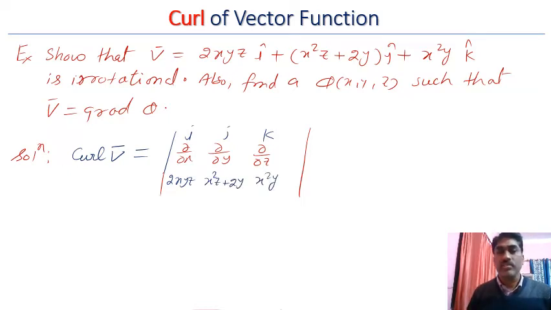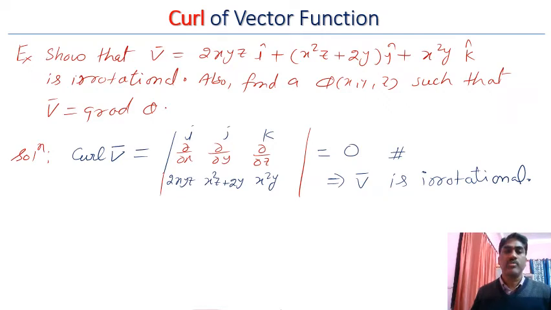So this is a very simple determinant, and you can open this and you will get 0. Because curl is 0, the vector v is irrotational. Just open the determinant and you will see that every component is separately 0.